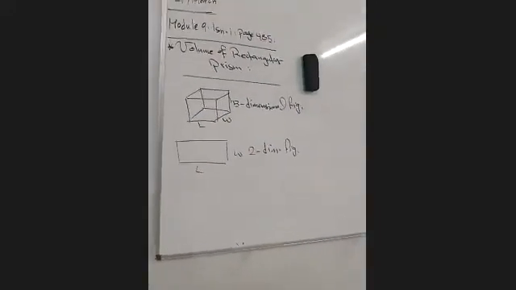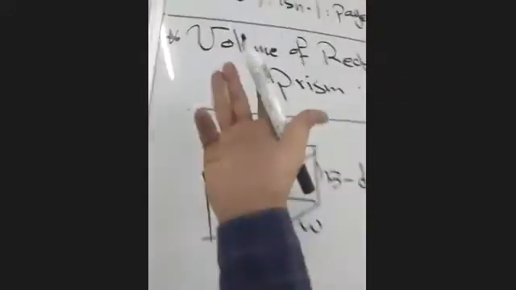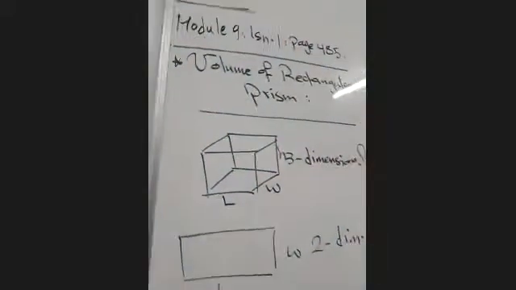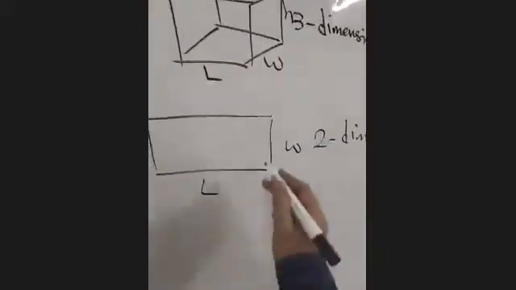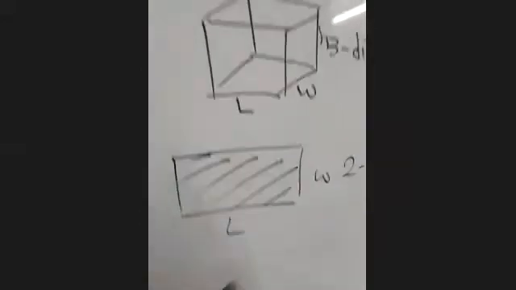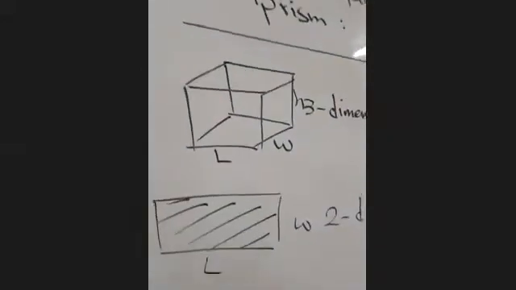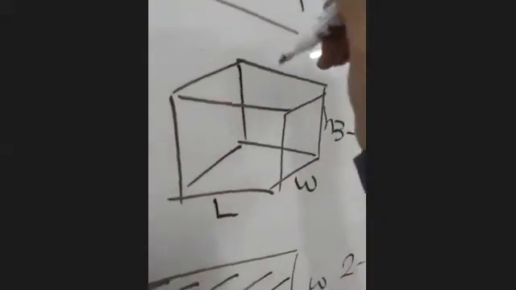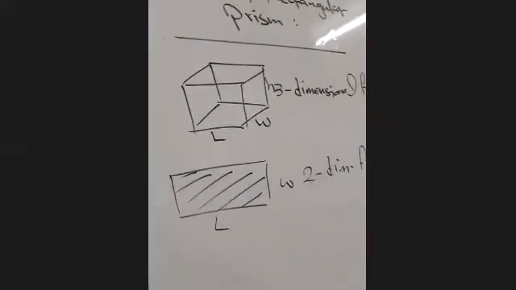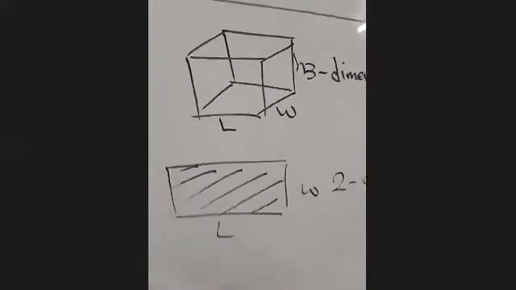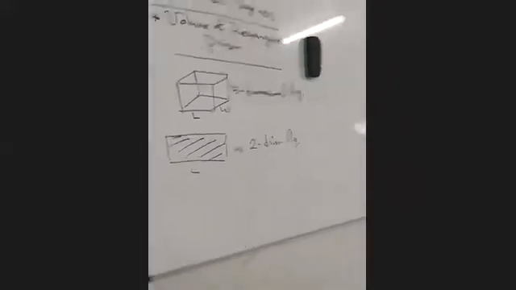Now, what's the volume? The area, we said, is the area of the surface. The volume is how much you can put inside the figure. If you are sitting in your room now and all the rectangles are around you, up and down, what's the volume of this room, guys?